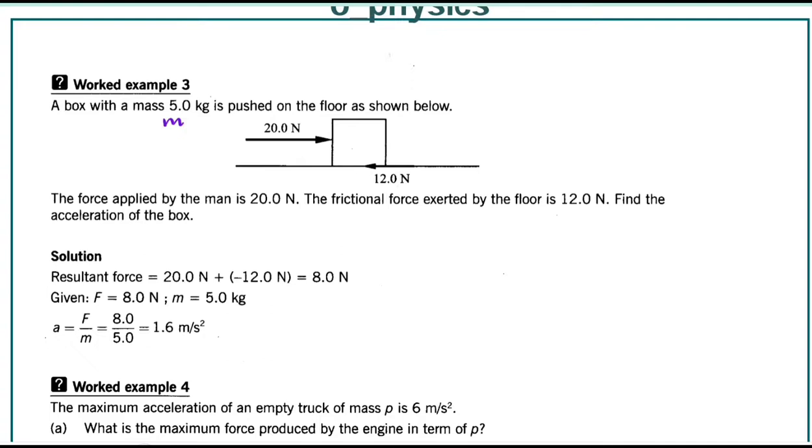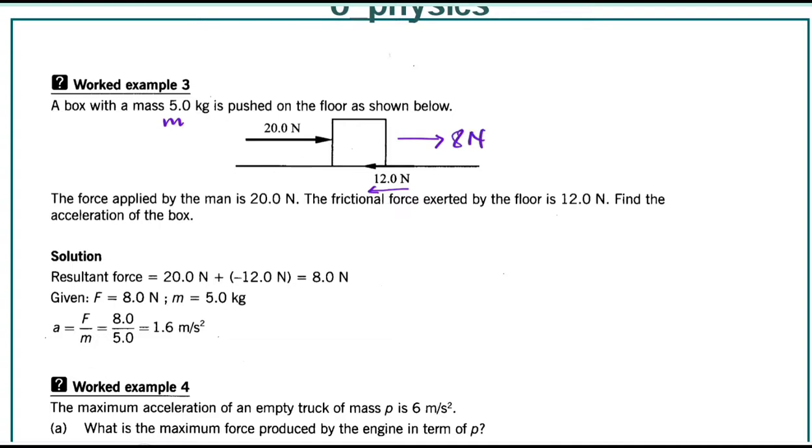If the box is pushed on a floor as shown below, we have to understand that there is a frictional force that is against it, which is 12 newtons, and the other one is what? 20. So we are going to experience a resultant of what? 20 minus 12, that's what? That's 8 newtons. Is that okay?